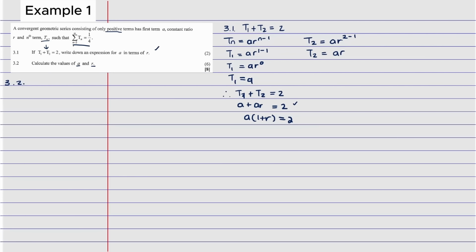So negative r squared equals 8/9 minus 1, which gives us negative 1/9. Since they're both negative, it's the same as r squared equals 1/9. Square root both sides. Therefore, r equals 1/3. And we're going to pick the positive one because they said all terms are positive.